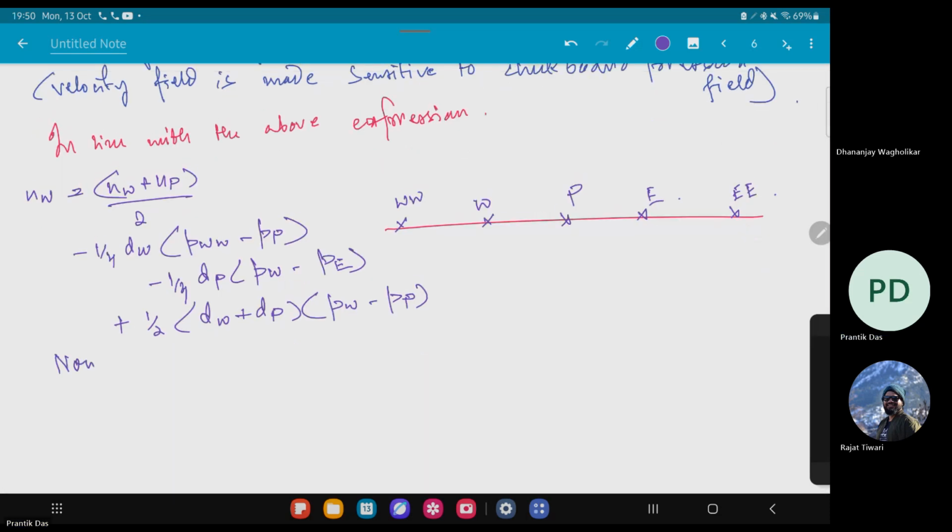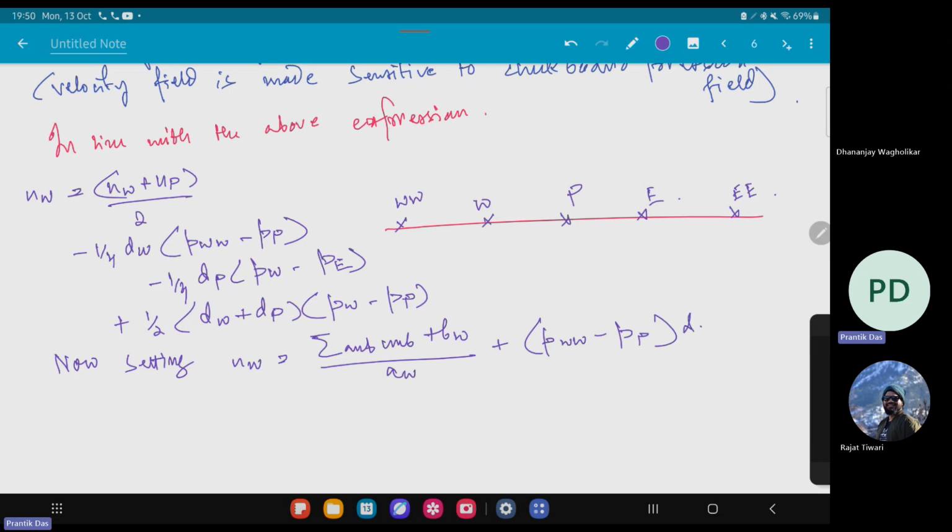Now setting UW equals to sigma of A and B evenly plus BW divided by AW plus PWW minus PP DW divided by 2. Another one is UP equals to sigma of A and B evenly. You can easily get this by the discretization of the Navier-Stokes equation in a general format.